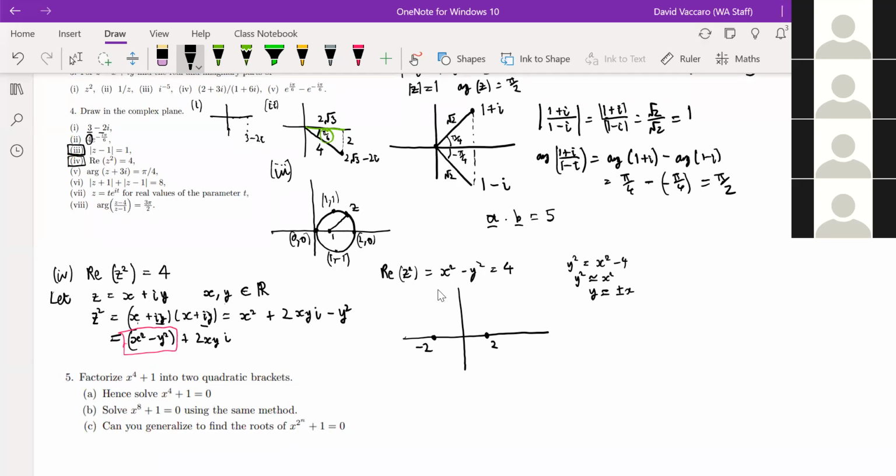So we have two oblique asymptotes. And the curve lives in this section to the right of 2 and to the left of negative 2. And so we get a curve that looks like this.